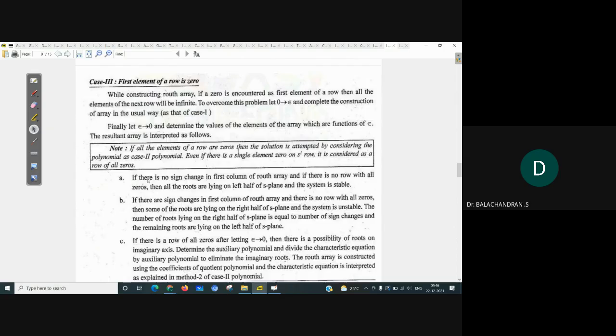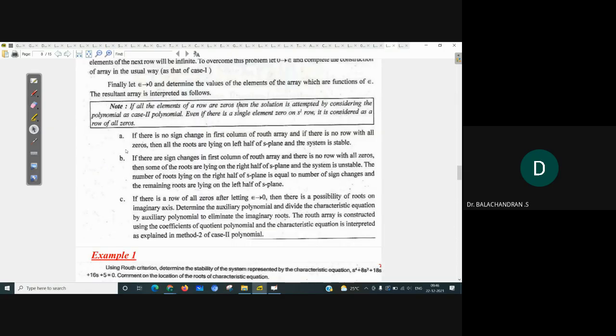So here there are three points, A, B, C. This is actually a summary of what we discussed in the last 15 minutes. If there is no sign change in the first column of the Routh array, and there is no row with all zeros, then all the roots are lying on the left half of the s-plane and the system is stable.